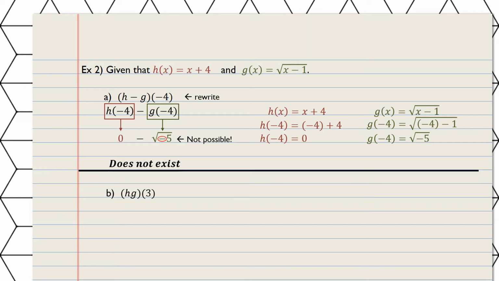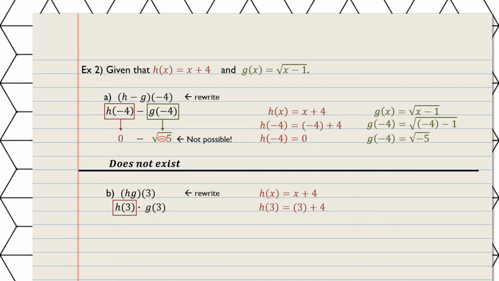For part B, we have h times g of the value 3. First thing is we need to rewrite this. This really means h of 3 times g of 3. And so we look at the first function, which is the h function. As a reminder, it is x plus 4.